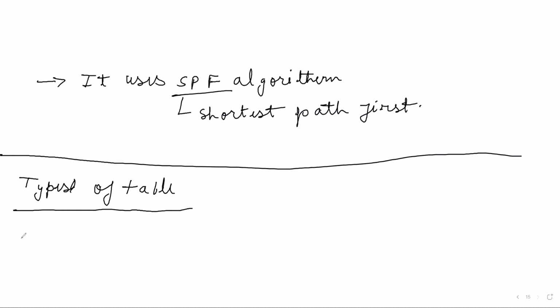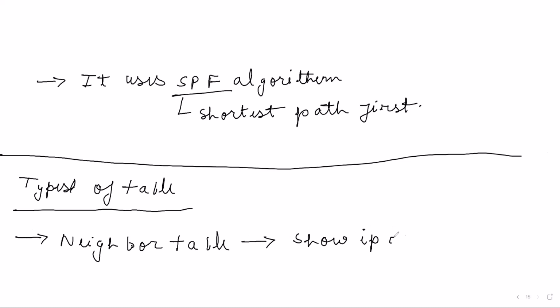First is the neighbor table. So how can you see neighbors? Same as EIGRP, show ip ospf neighbor. And there is one more table, the database.